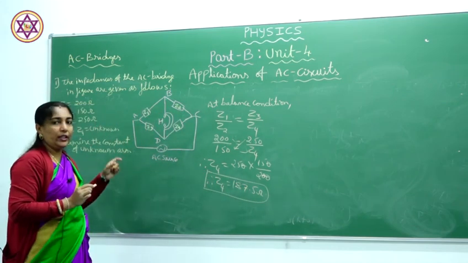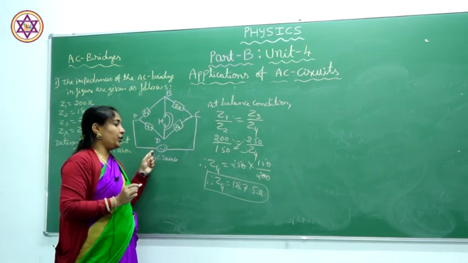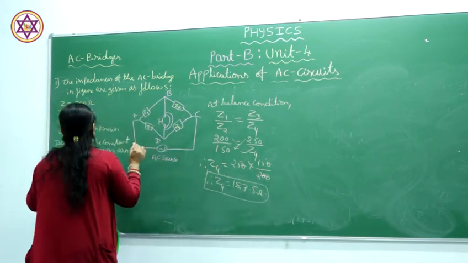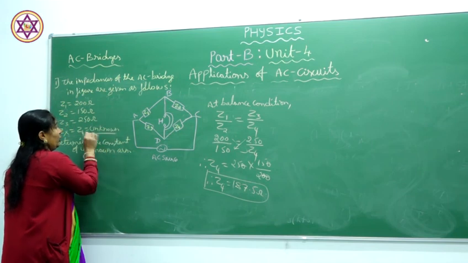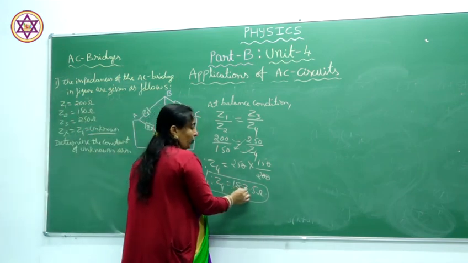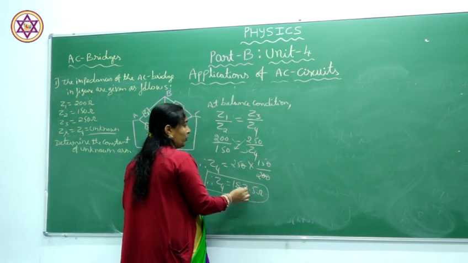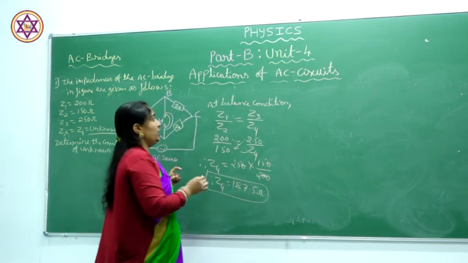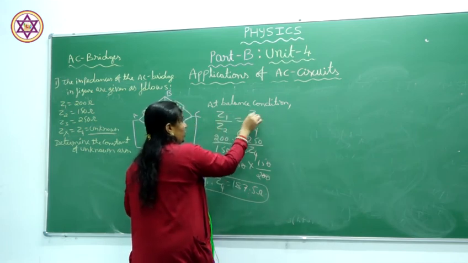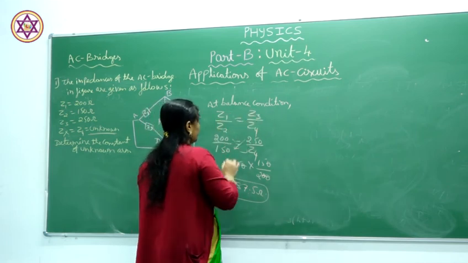impedances is nothing but usually the pure resistances. Therefore, the SI unit is ohm. Now we get the value of the unknown fourth arm impedance, Z4 is equal to 187.5 ohm. So, now we cross check. This satisfies the balance condition. So, Z1 by Z2 is equal to Z3 by Z4.